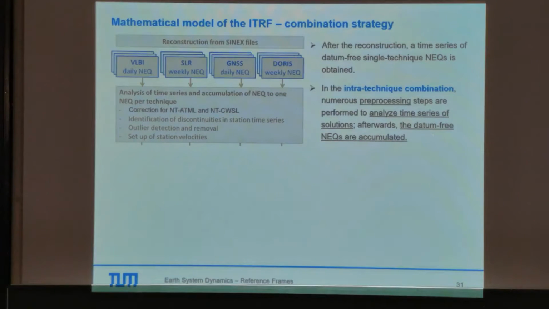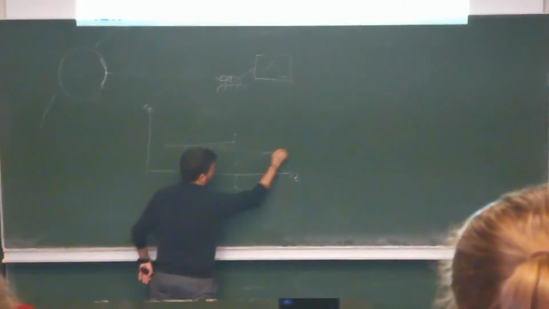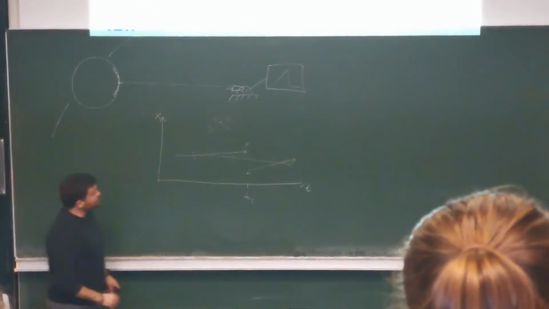Different colors. Okay. So you now identify this point, and identification means that we somehow try to find this epoch ti. We split up the time series and say this segment is a totally different one than this one, and then we estimate a velocity for this one, and then for the next segment like this. Yeah?